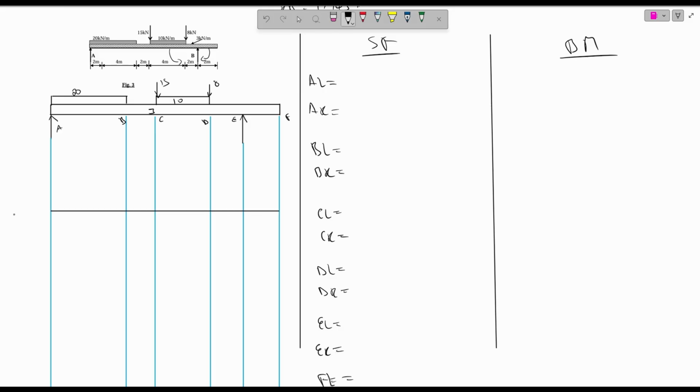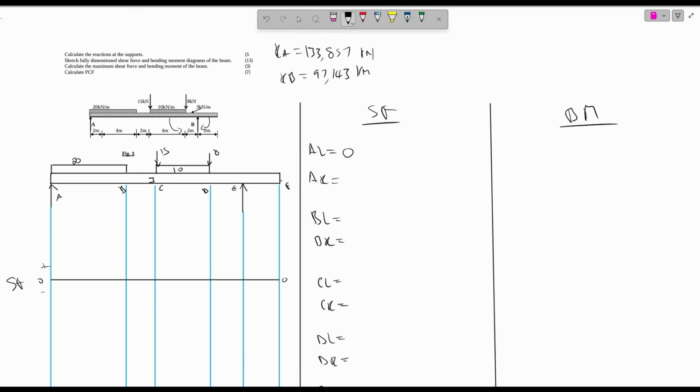Let's put this in for shear force. Our A left will be 0. Our A right will be our reaction, 133.857.